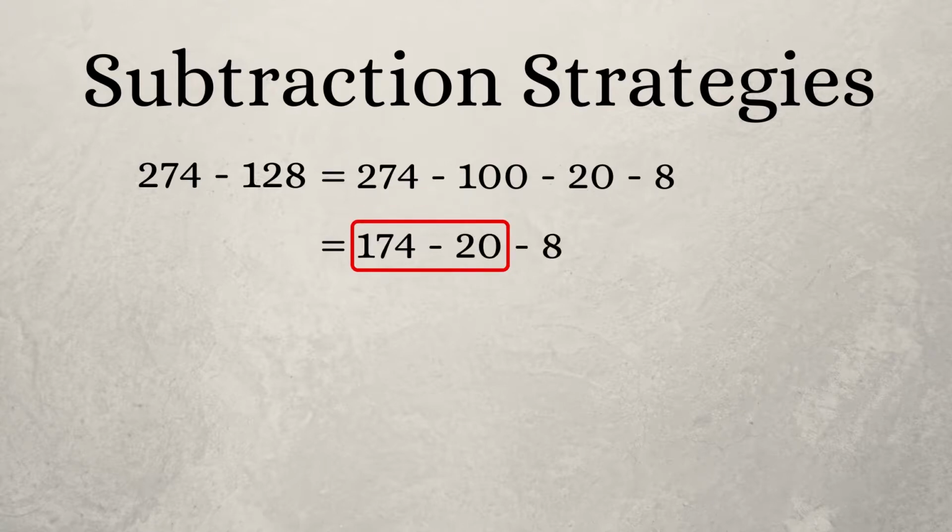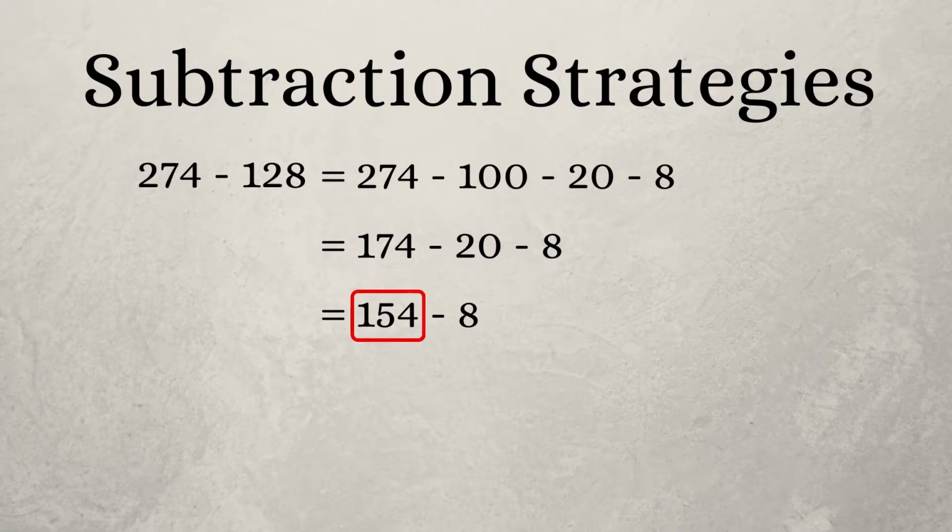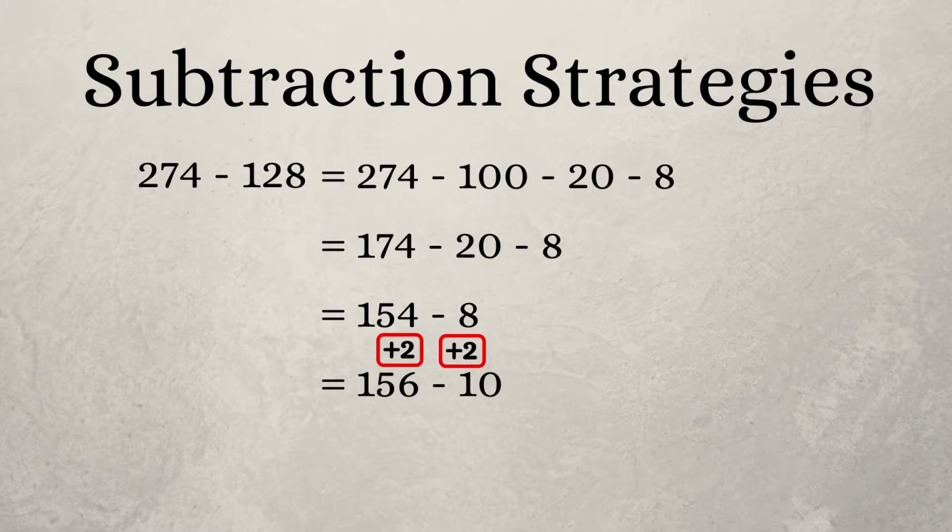Minus 20 gives 154. Now, instead of doing 154 minus 8, let us convert 8 to 10. Now remember our first strategy. So we add 2 to both the minuend and the subtrahend. That becomes 156 minus 10, which is 146. Now that's how we do it.